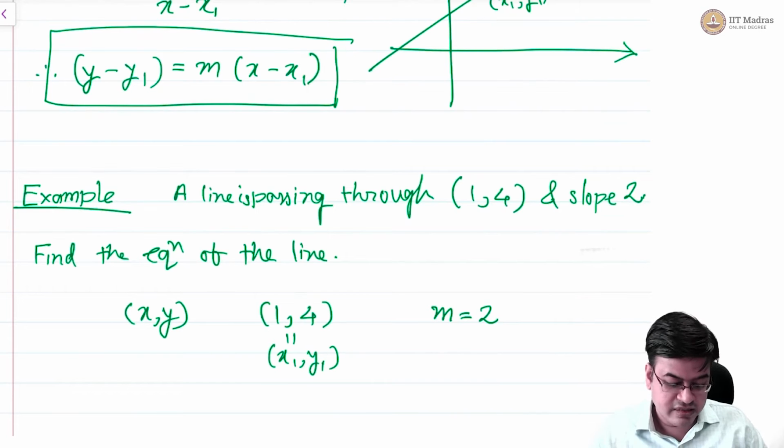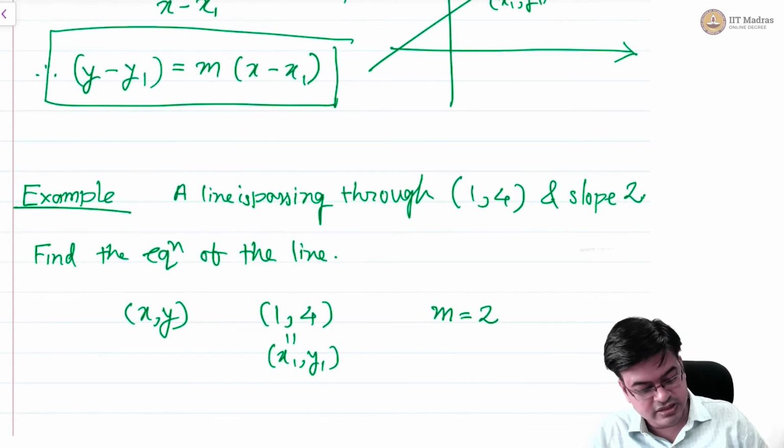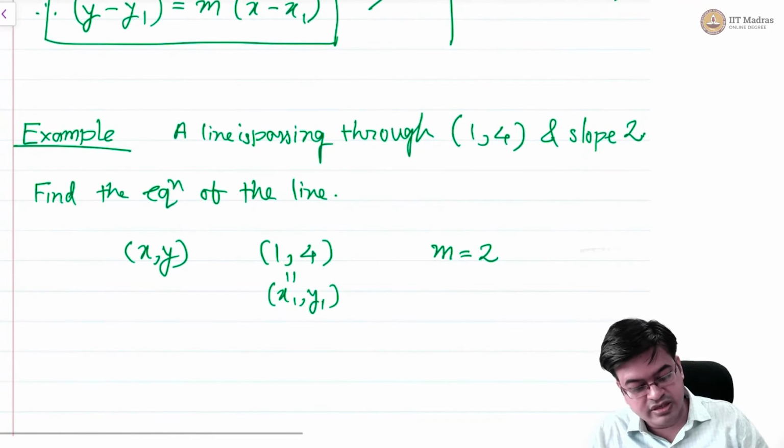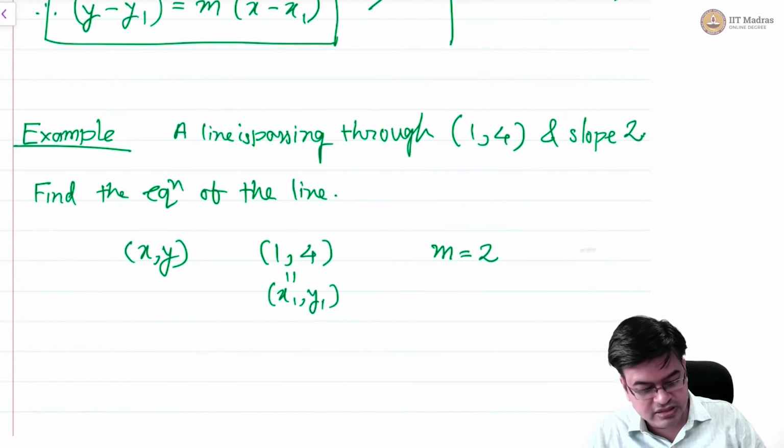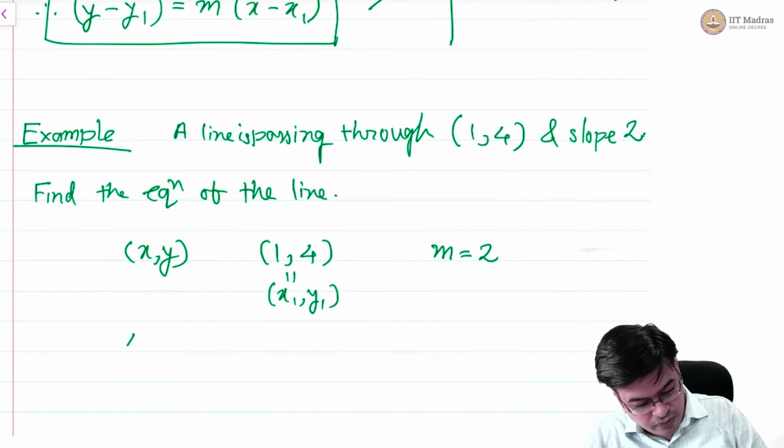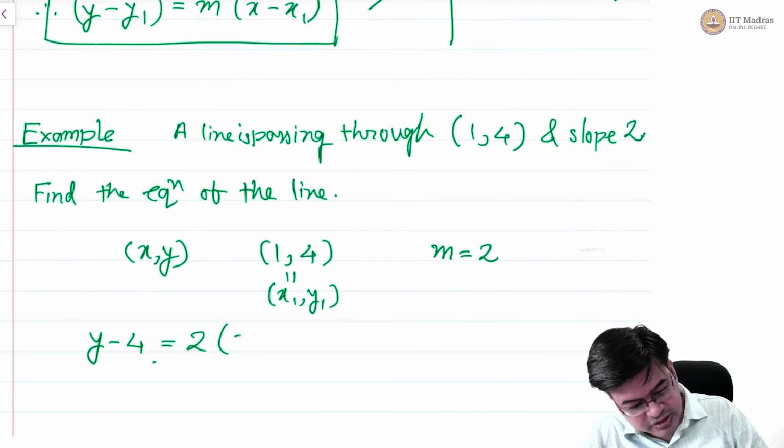As long as x is not equal to 1, your mechanism is successful. So it is simply y minus 4 is equal to 2 times x minus x1, which is simply 1.